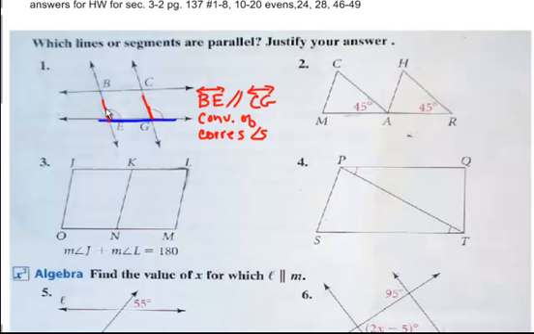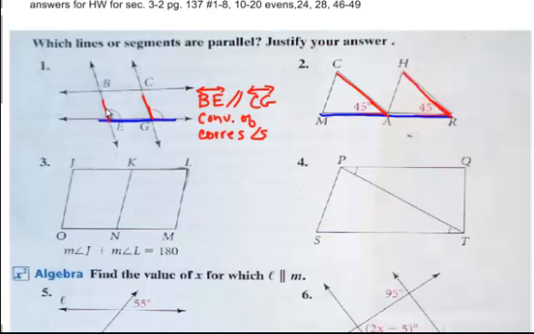And I'm done. Okay, number two, same thing. Here's my angle. Here's my other angle. This is the line that connects them. This is my transversal. So the lines that I'm dealing with are these lines here and here.